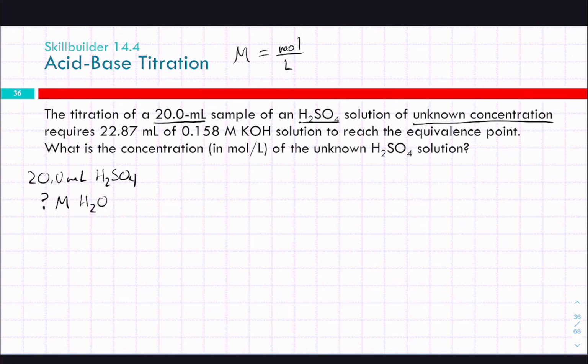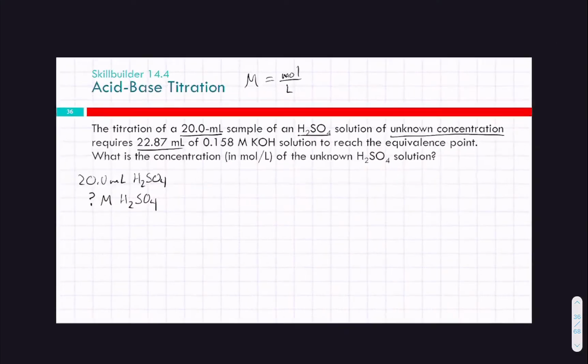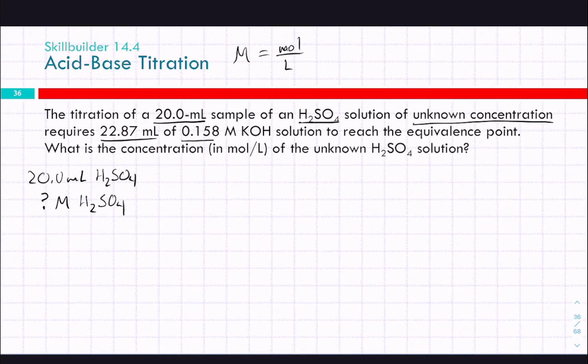We don't know what the concentration of that solution is. H2SO4. Here we go. And then that required 22.87 milliliters of 0.158 molar potassium hydroxide.